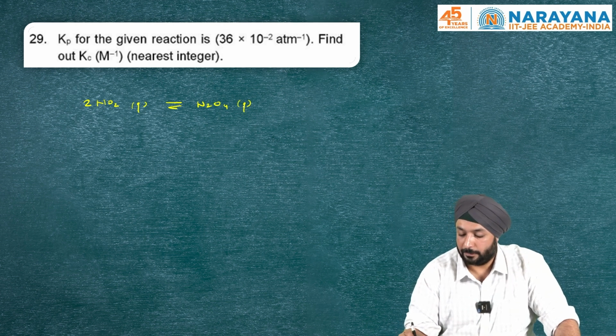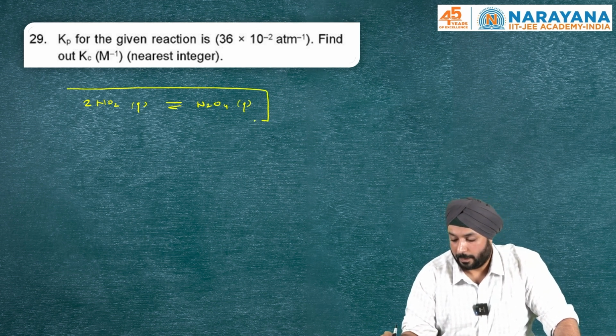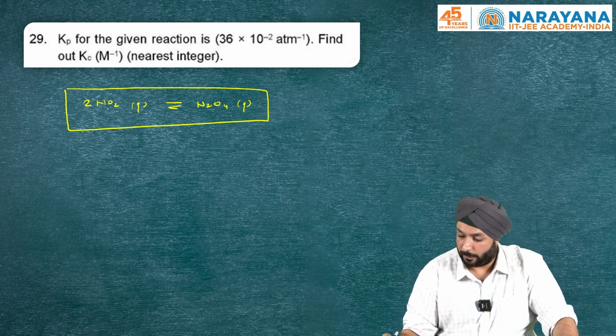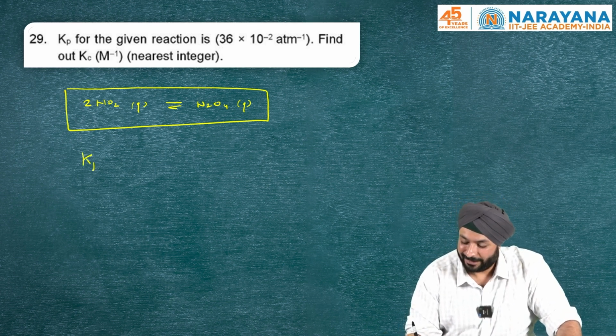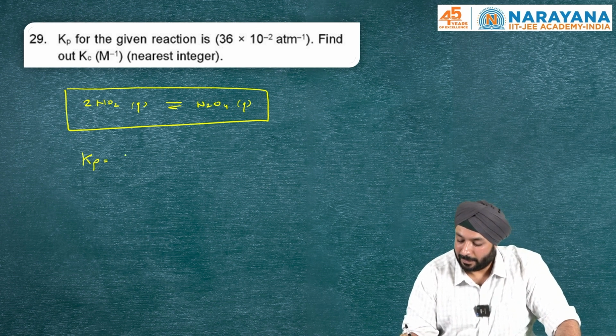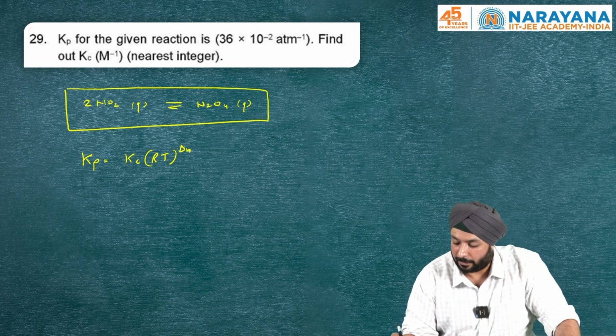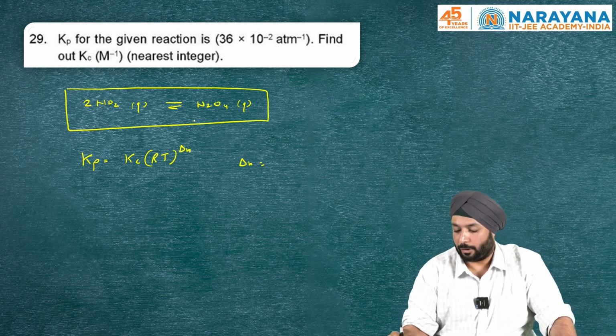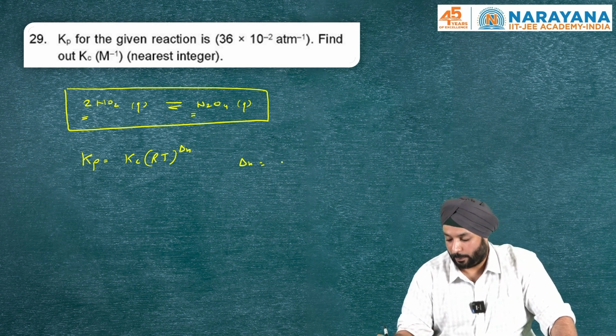He's saying in nearest integer, right? So we know that Kp is equal to Kc (RT) to the power delta n. What is delta n? Stoichiometric coefficient of products minus reactants. That is 1 minus 2, which comes out to be minus 1.